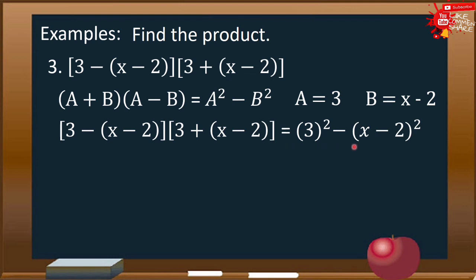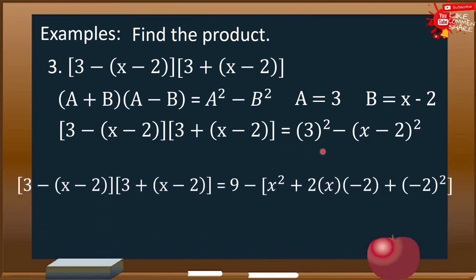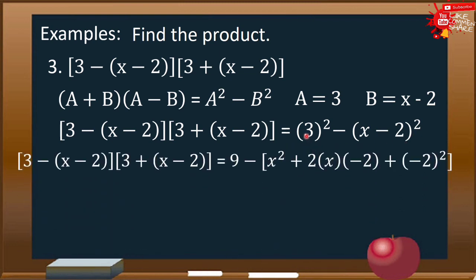Then isimplify na natin ito, gamit yung ating laws of exponent. So we have here the square of 3 which is 9. Then dito, gagamitin natin yung unang natutunan natin sa special product. This is a square of a binomial. So paano ba natin kukunin yung square of binomial? Pag sinabi natin square of binomial, we just have a squared plus 2ab plus b squared.